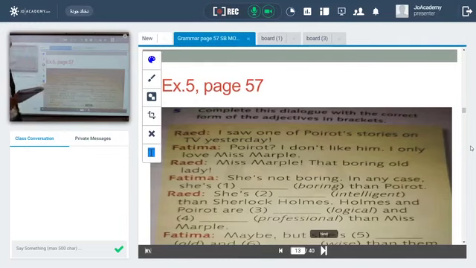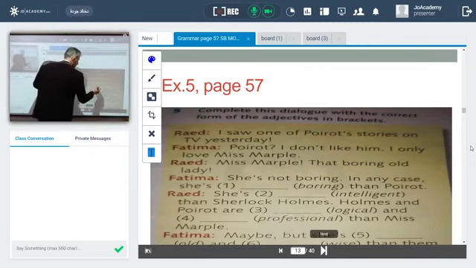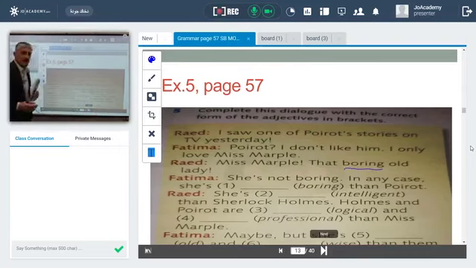Let's read together. Ra'id: I saw one of Poirot's stories on TV yesterday. Fatima: Poirot, I don't like him. I only love Miss Marple. Ra'id: Right, Miss Marple, that boring old lady. Boring. The word boring here, do you know the meaning of boring? Boring means مملّ. Fatima: She is not boring.